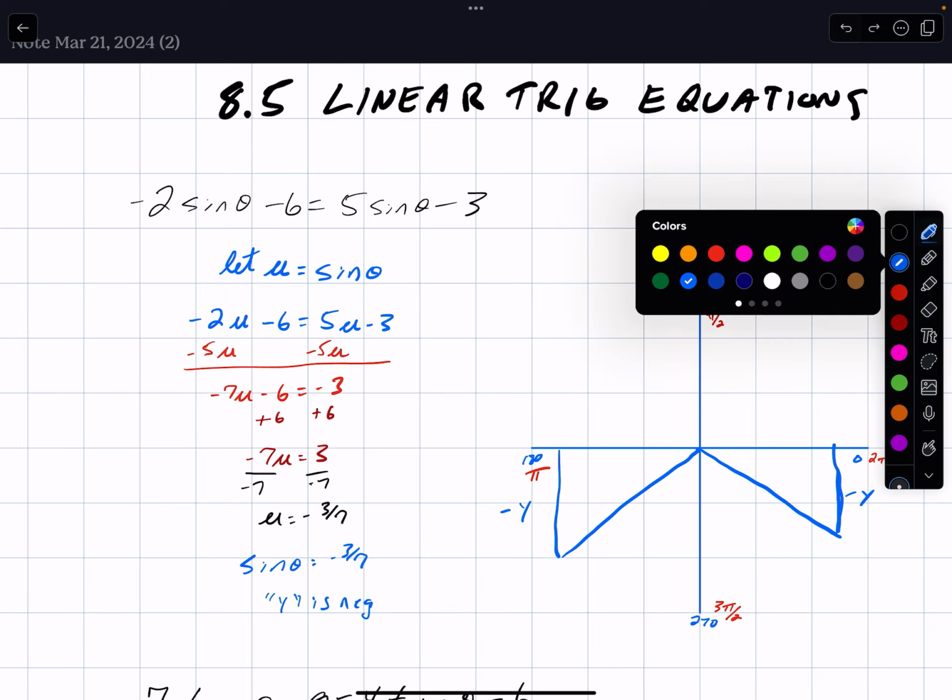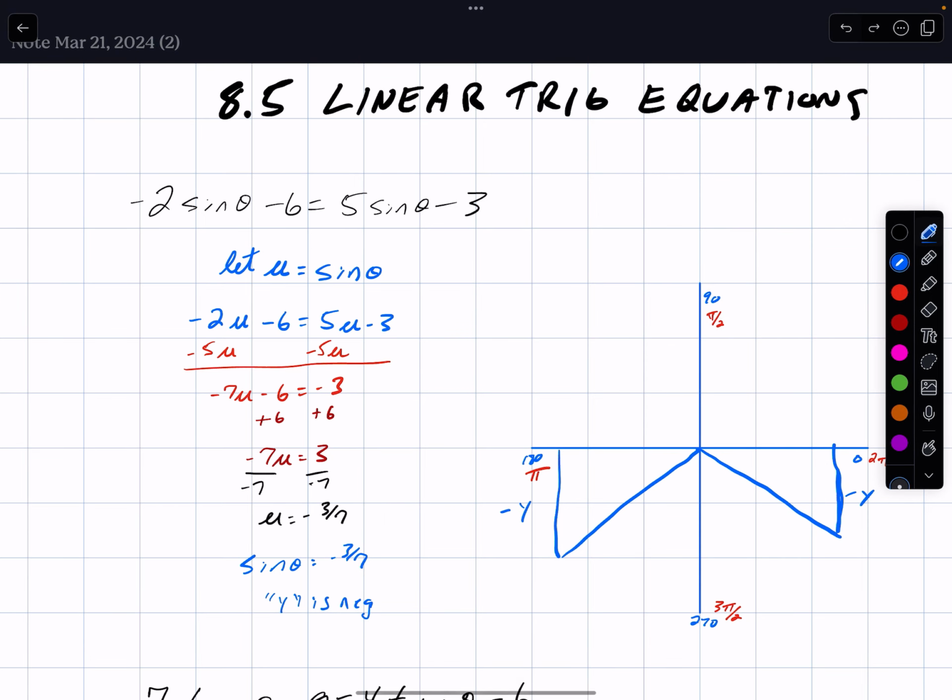Now the question is, what is the reference angle here? What is this little reference angle, and what is that little reference angle? The best thing to do on your calculator is to take the inverse of, and this is important, always take the positive value, otherwise your calculator is going to throw you off a little bit.